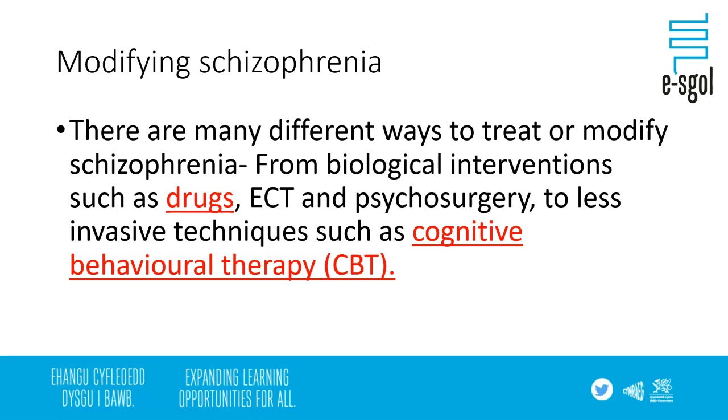So there's lots of different ways to treat or modify schizophrenia. There have been lots of different biological explanations, so drugs, which we're going to look at today, ECT and psychosurgery, which is essentially literally surgery on the brain. Or there are less invasive techniques such as cognitive behavioural therapy. And I'm going to talk you through both drugs and CBT today.